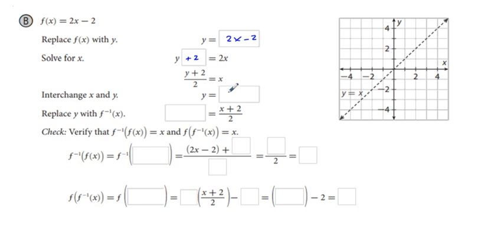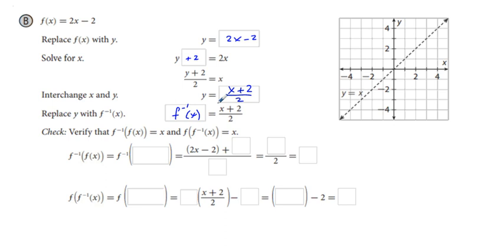So what they do is they solve for x first. I like changing up here and solving. So you have y equals x plus 2 over 2. And so replace y with f negative 1 of x. And then we can find the inverse of the function.